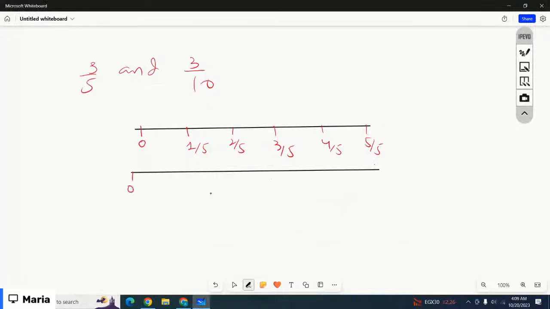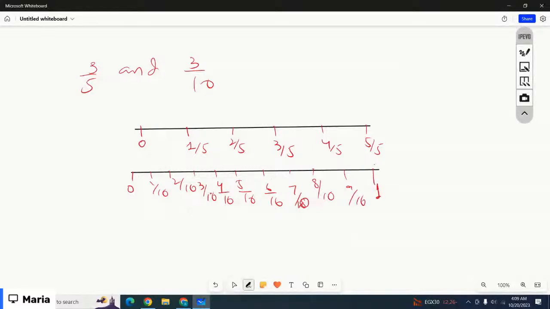Now you have to make 10 portions: 1 by 10, 2 by 10, 3 by 10, 4 over 10, 5 over 10, 6 over 10, 7 over 10, 8 over 10, 9 over 10, and 10 over 10 or 1.